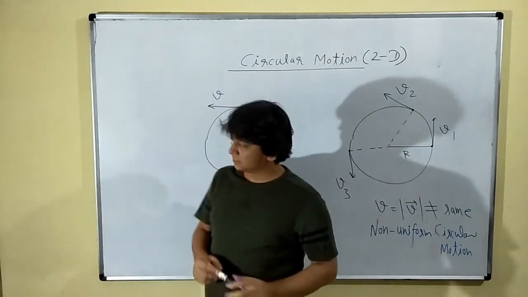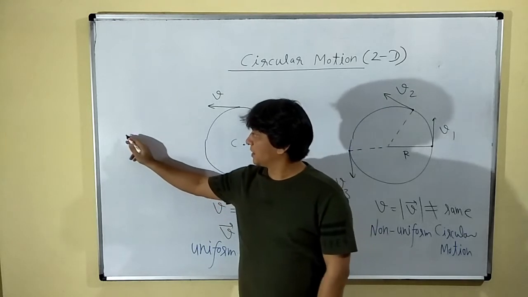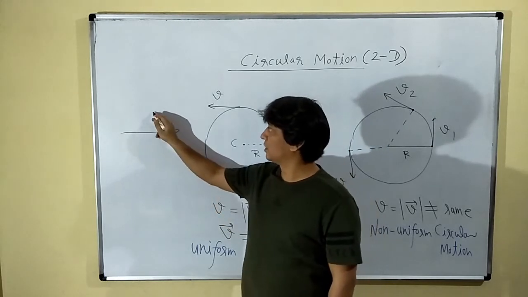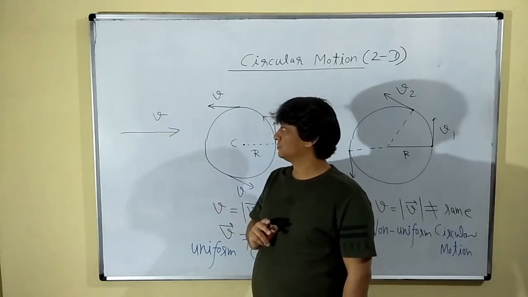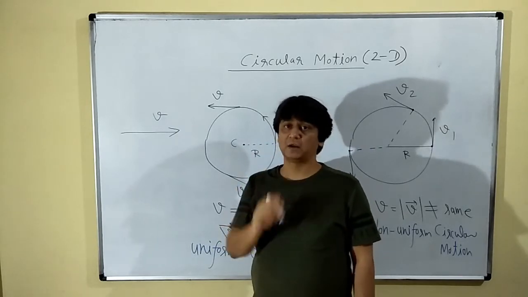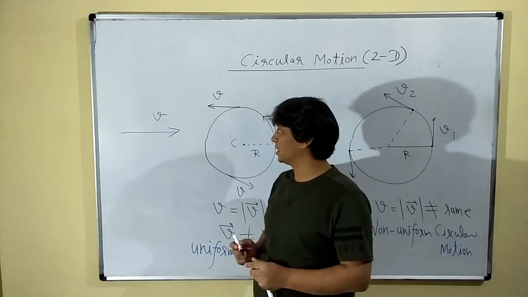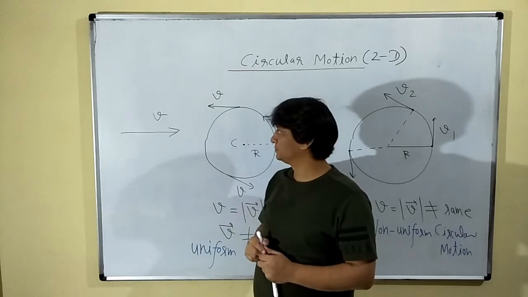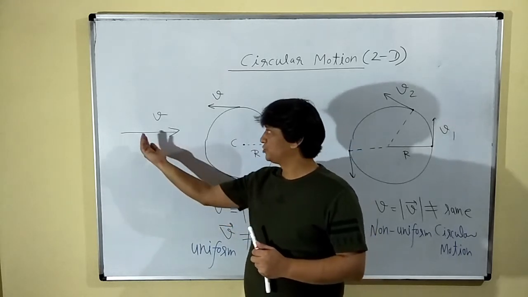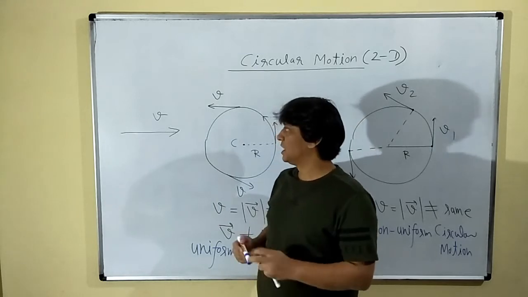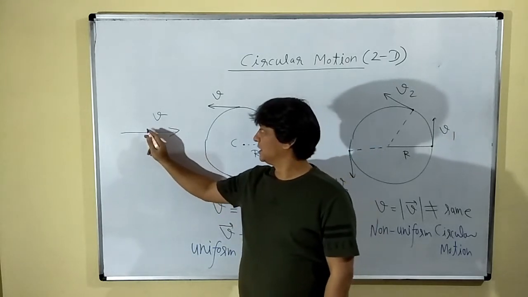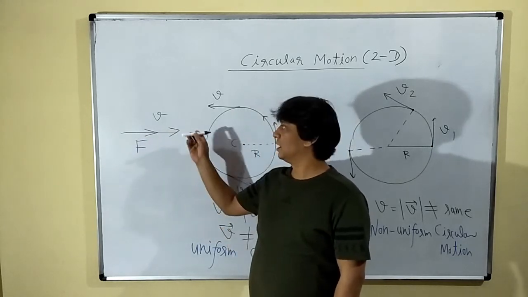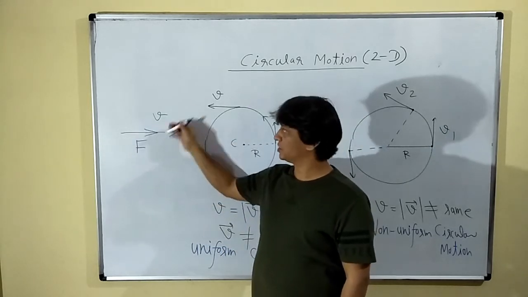If we have an object moving in this direction with velocity v, we are looking at what creates 1D and what creates 2D motion. Although we have seen this in kinematics, let's revise that part again. If an object is moving like this and a force is also present in the same direction, along the line of the velocity, it can be like this or like this.